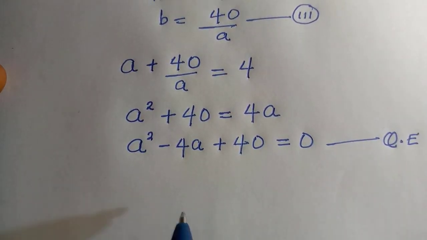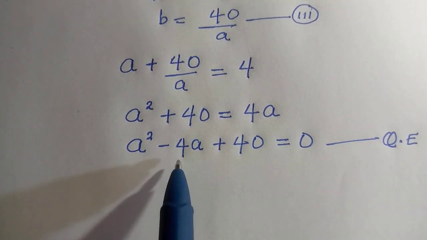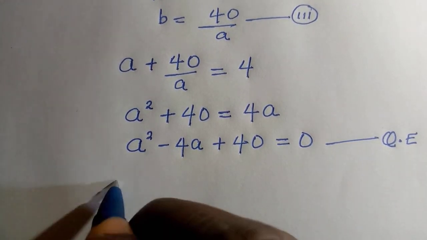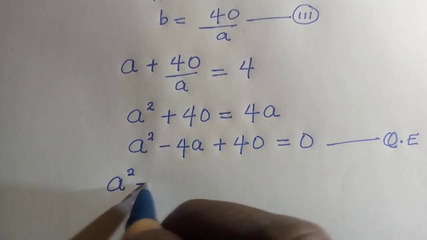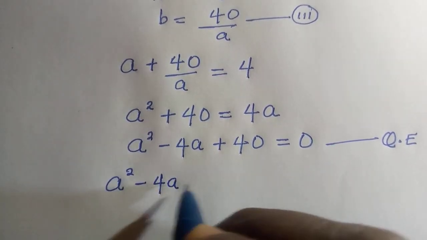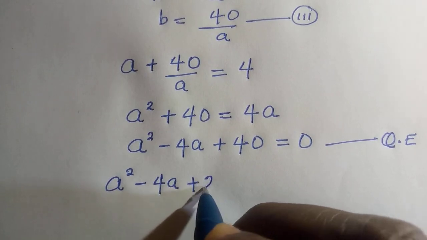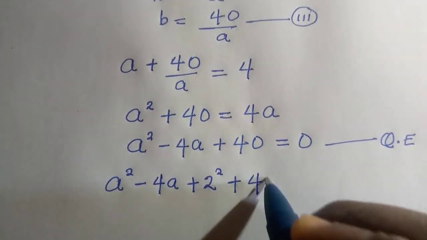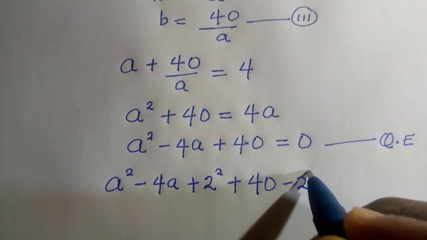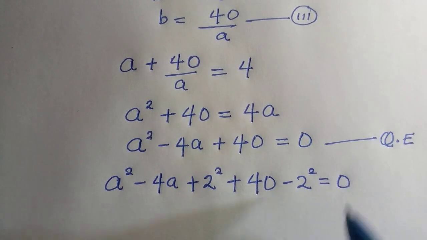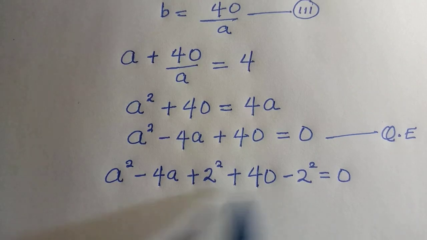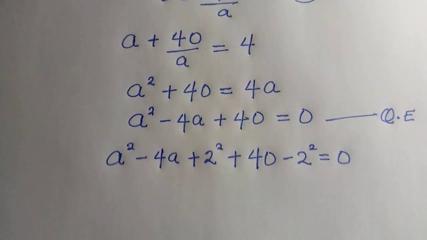We solve this by applying the completing the square method: divide the coefficient of a by 2, square it, then add and subtract it on the same side. So here we have a squared minus 4a, then plus 2 squared, then plus 40 minus 2 squared equals 0. The plus and minus 2 squared cancel out.